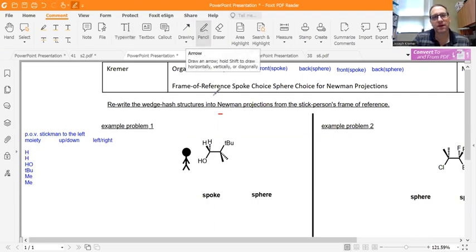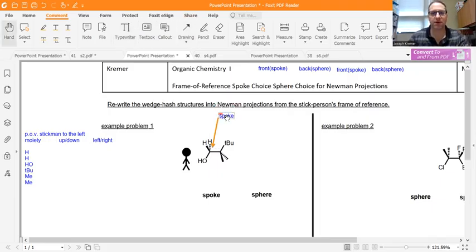In this design, I drew an arrow to the spoke carbon nearest to the person, and this arrow is to the sphere carbon, which is furthest away from the person.